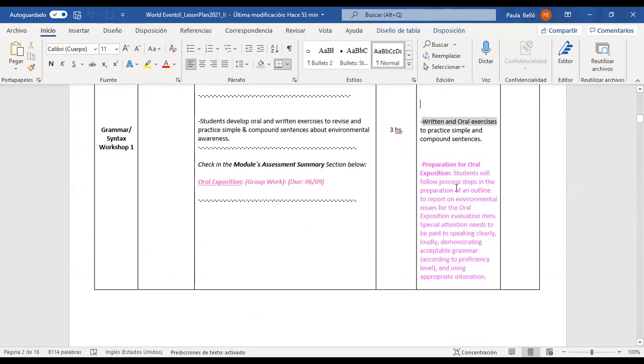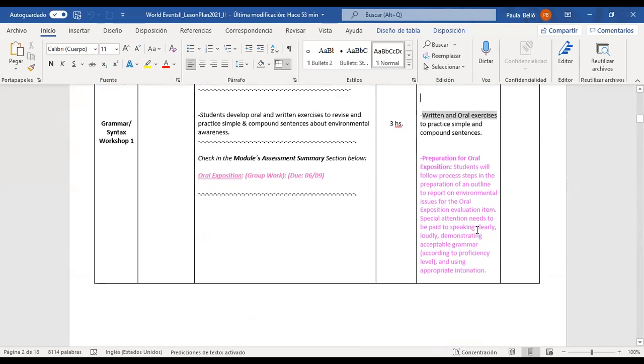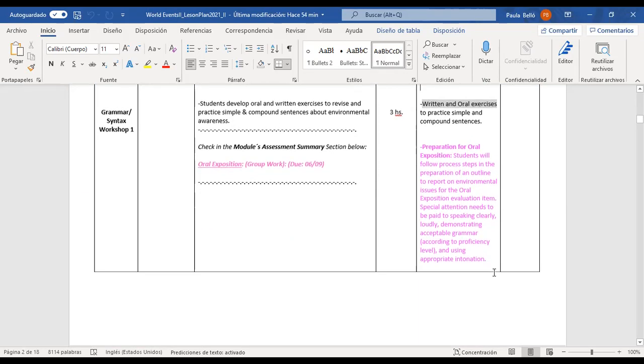Students will follow process steps in the preparation of an outline to report on environmental issues for the oral exposition evaluation item. Special attention needs to be paid to speaking clearly, loudly, demonstrating acceptable grammar according to proficiency level, and using appropriate intonation.